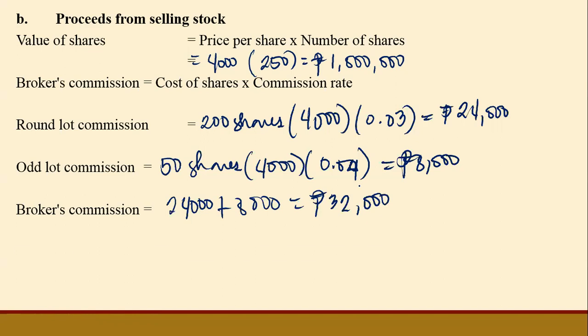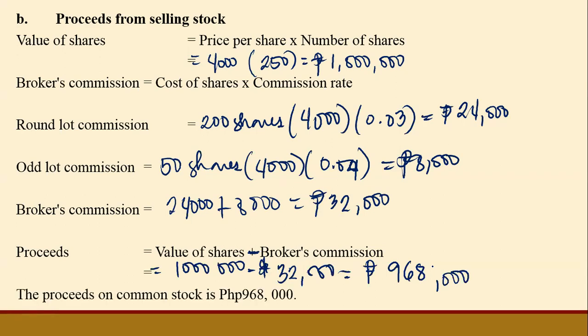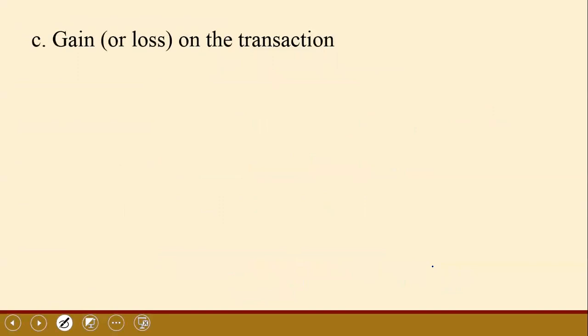So the proceeds is equal to 1 million minus 32,000, which is now equal to 968,000 pesos. So the proceeds on common stock is 968,000 pesos.